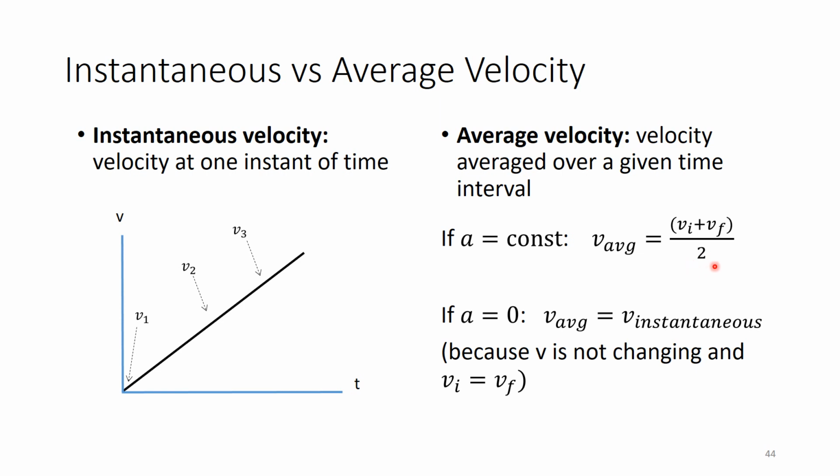We'll see that again later when we look at the equations of motion. And if the acceleration is 0, then the average velocity is the same as the instantaneous velocity because the velocity is not changing, so v initial and final are the same. All right, so two concepts: instantaneous and average velocity.